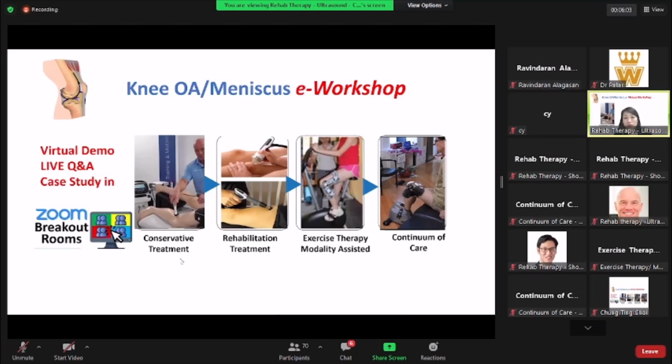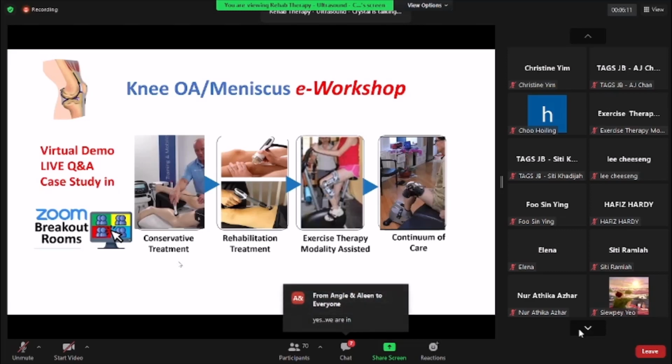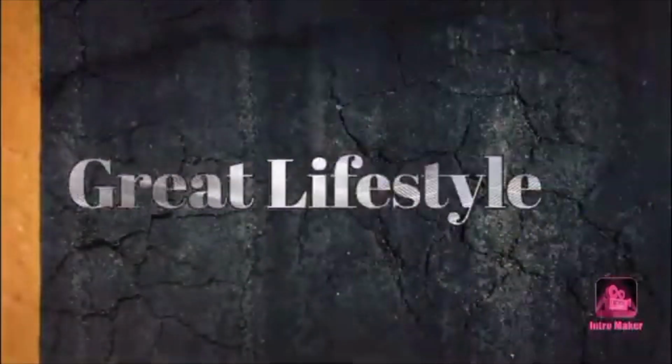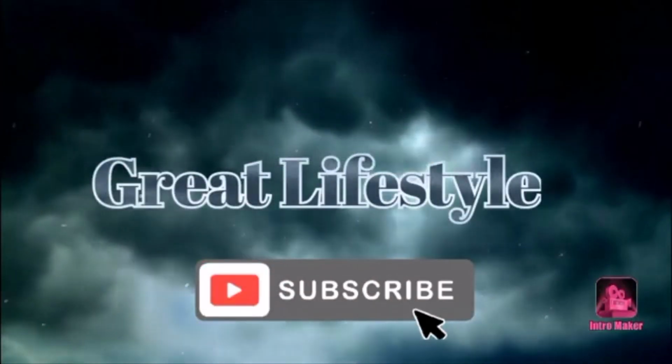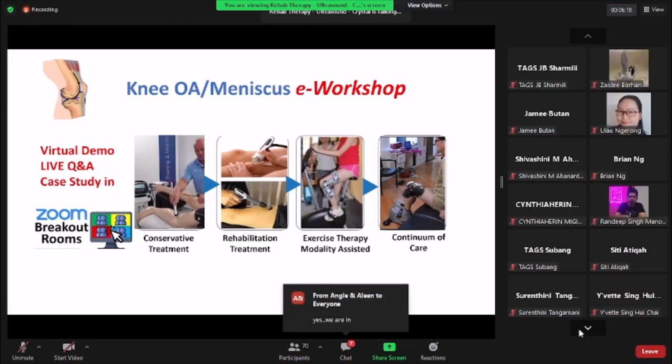So we have 4 stations. One is conservative treatment with ultrasound, presented by Mr. Cliff Eaton. He's an expert with the ultrasound. And then another station is a rehabilitation treatment with shock wave, which will be presented by Stephen Chong.